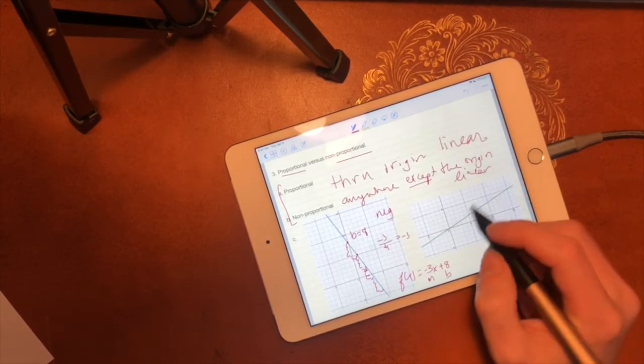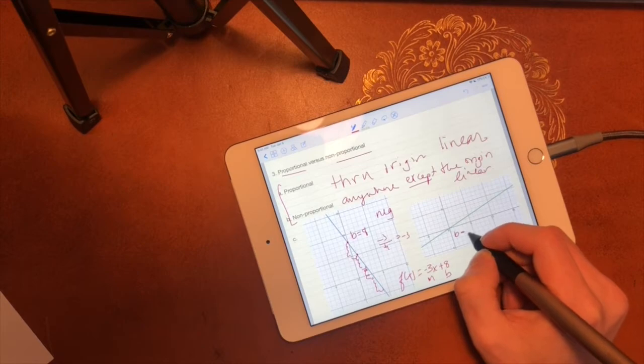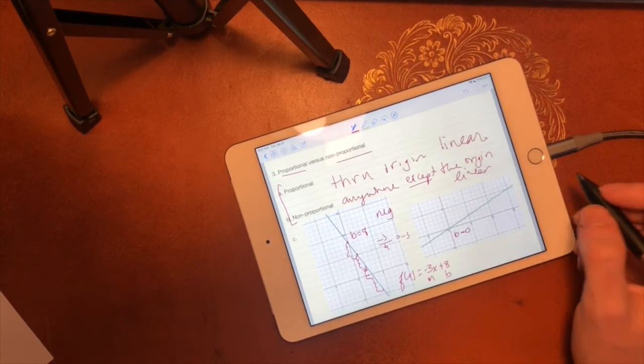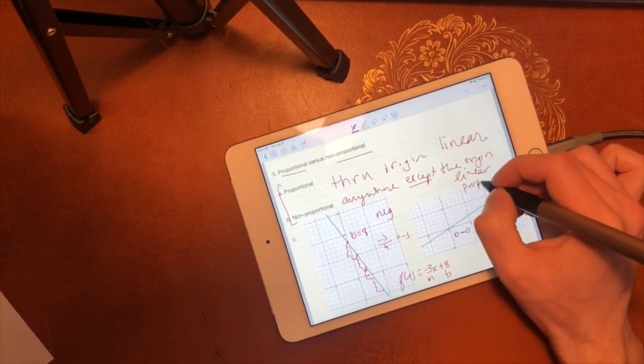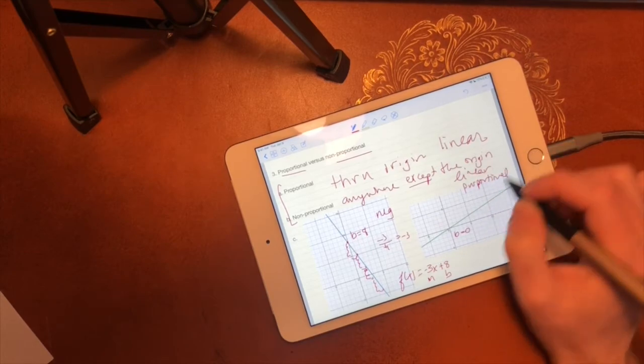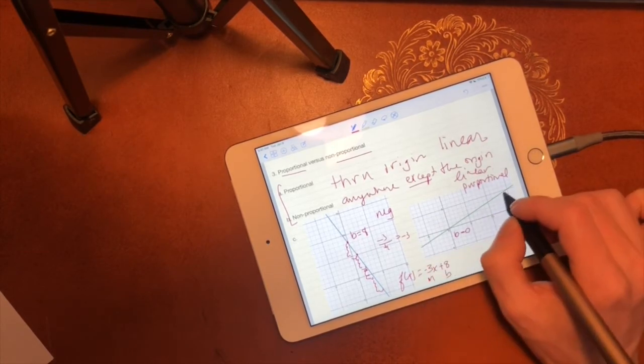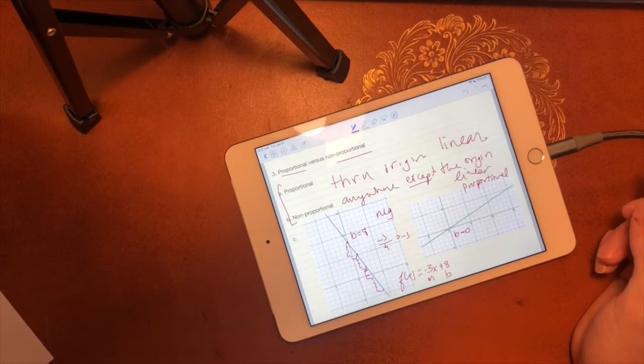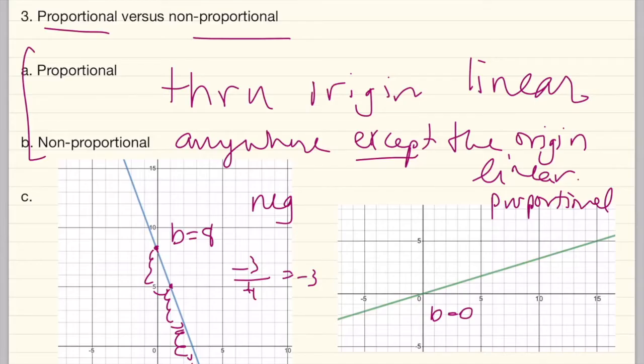If we look at the graph over here, we see that the b value is 0. Well, that tells us right away that this is proportional. The b value is 0, so we know, well, it makes a line and it goes through 0, it is proportional. But what is the function for this? Well, we're going to look for the changes in y, and we're going to divide them by the changes in x. So we're going to say that we go up 1 and over 3.